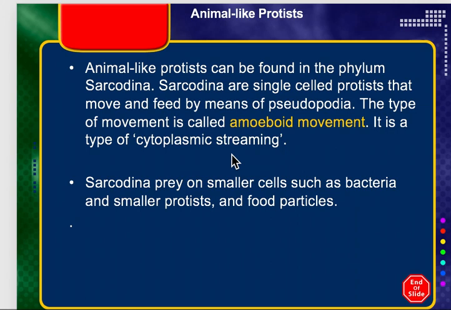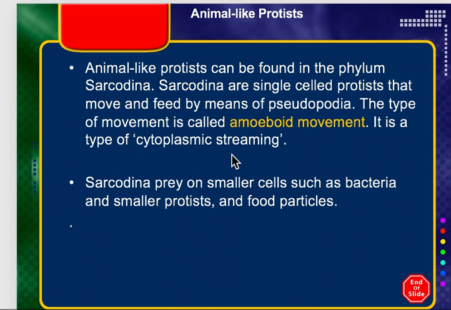A few things about your animal-like protists, and I said this, but the phylum Sarcodina includes your amoeba, and we call them the sarcodines, but they're single-celled. Now remember, these are in the domain Eukarya.